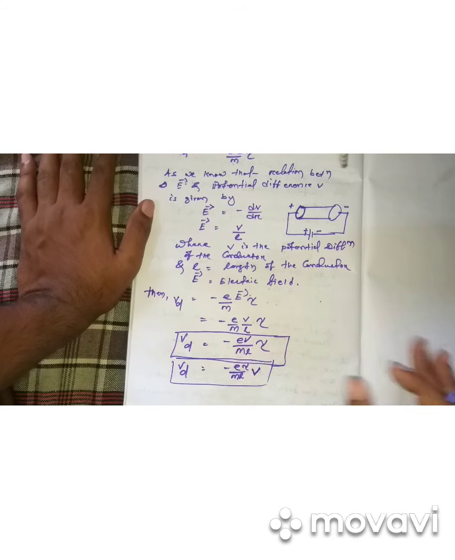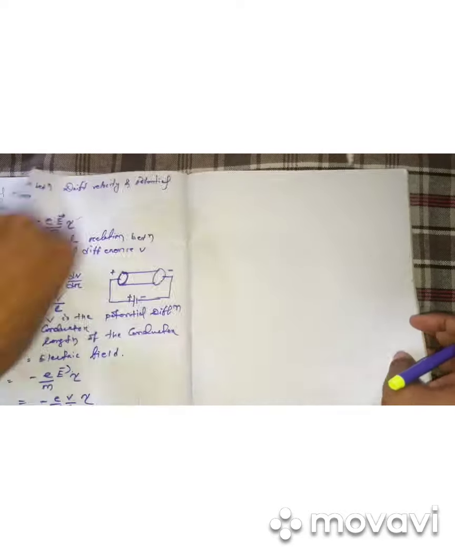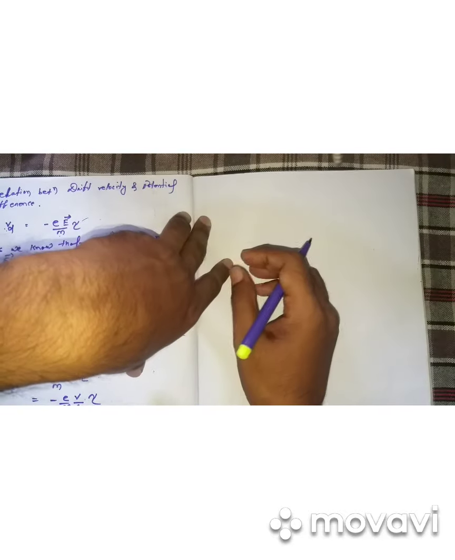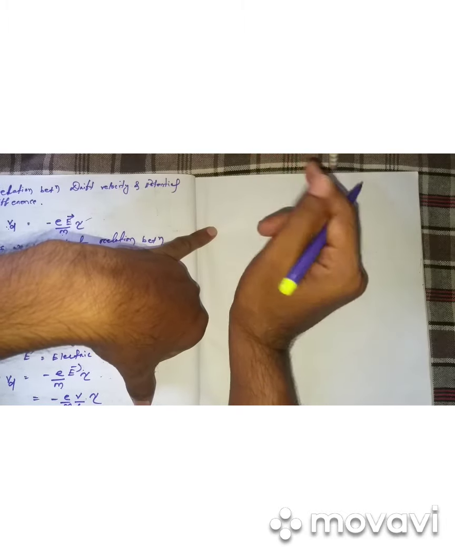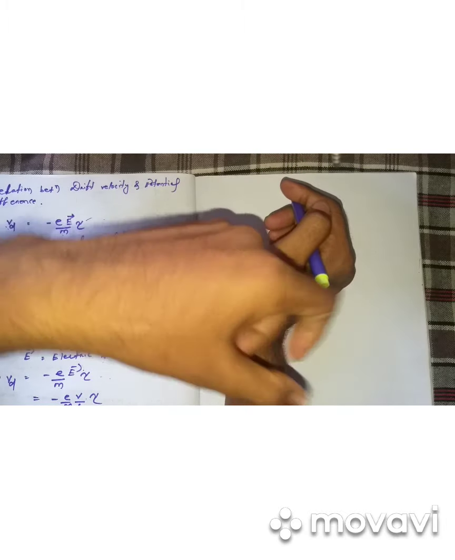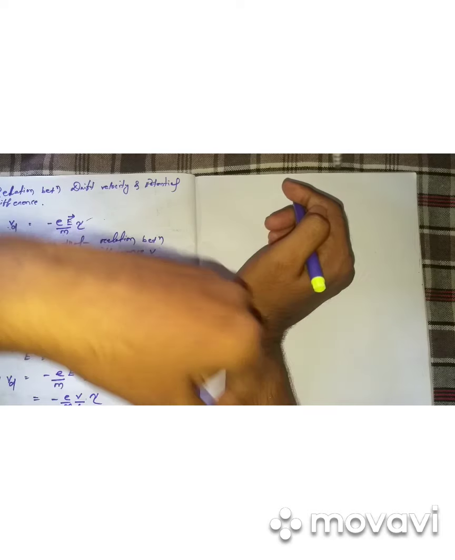So what do you mean by relaxation time? Relaxation time is the net average time in which there is a collision between two electrons.